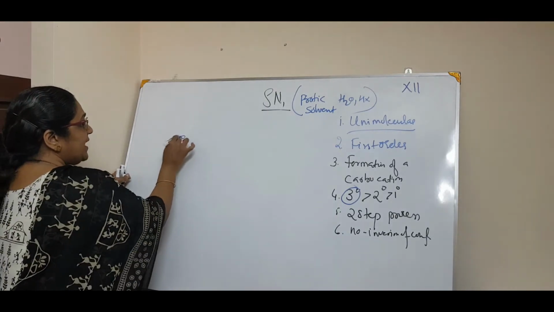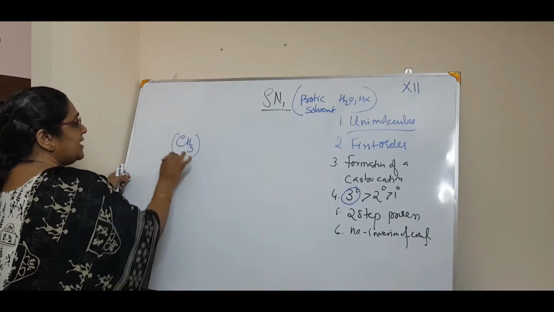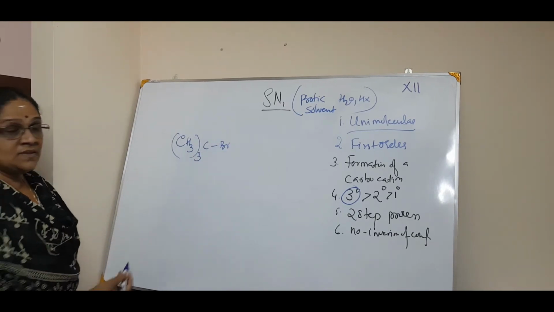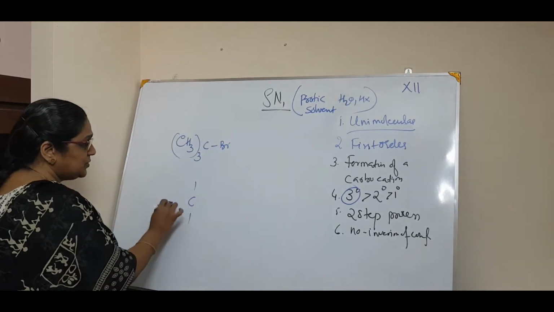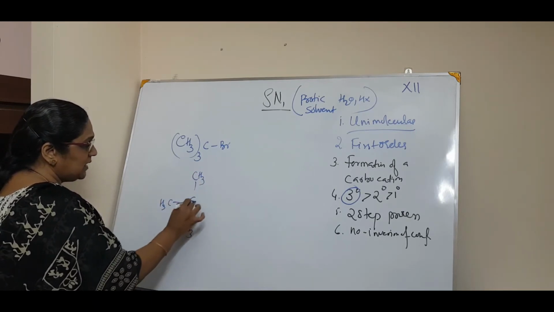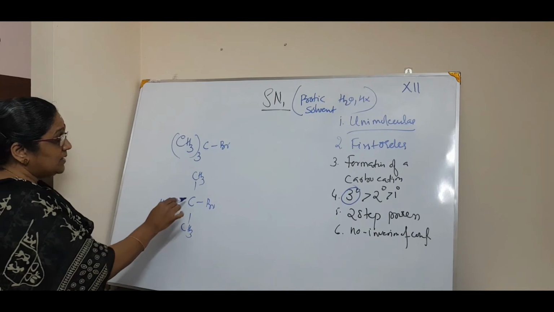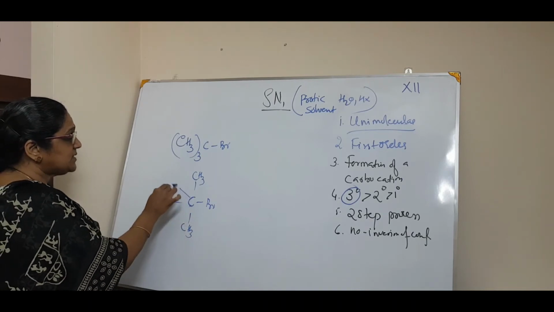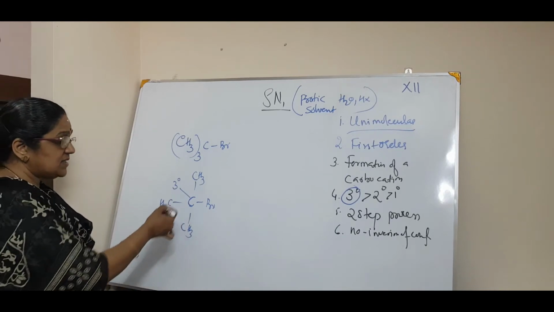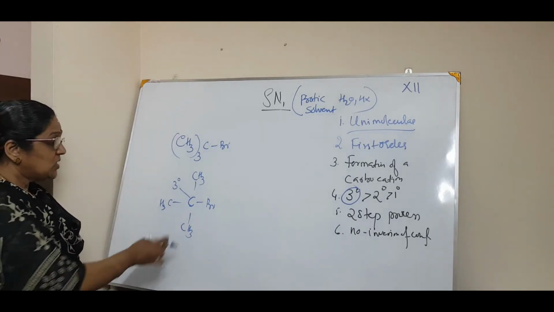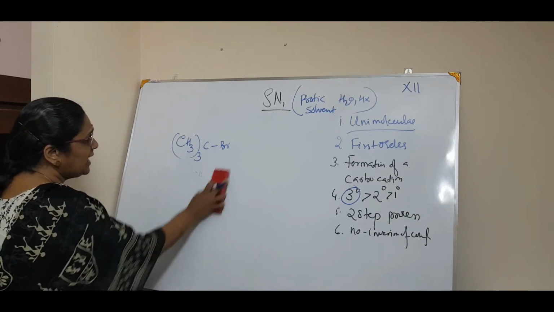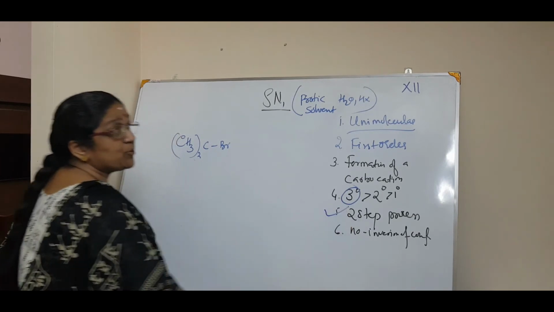So I am taking CH3 thrice C Br. See? You know the structure, right? 1, 2, 3, CH3, CH3, CH3, Br. See? Only C is there. That is why this is called a tertiary carbon atom. If somebody doesn't know it, just giving you an idea. Okay. So this is a tertiary carbon atom. Now, I have already told you it is a two-step process.